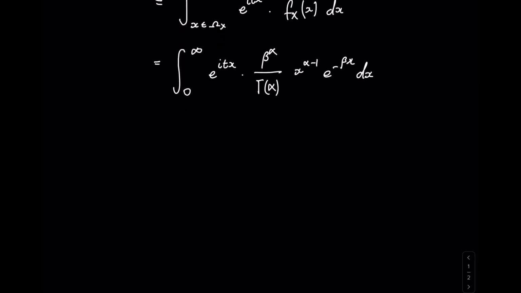Following on from this, what we're trying to do here is simplify our expression. Notice that one element of simplification is to combine this exponential term at the front and this exponential term at the back. So that's exactly what we're going to do. I'm going to write the integral from 0 to infinity of beta to the alpha on gamma of alpha, x to the alpha minus 1, and then I'm going to write this as e to the negative.